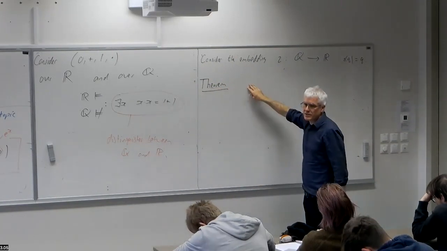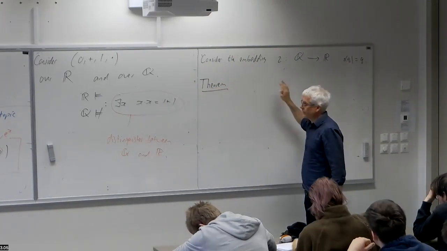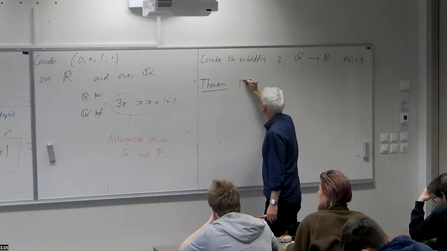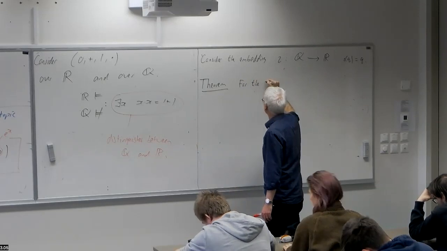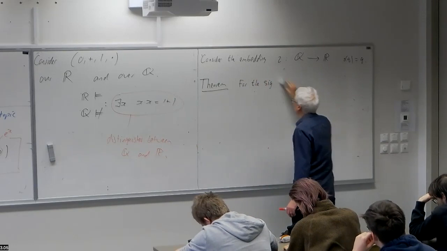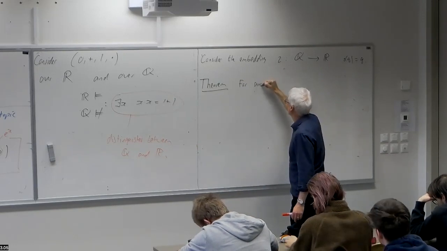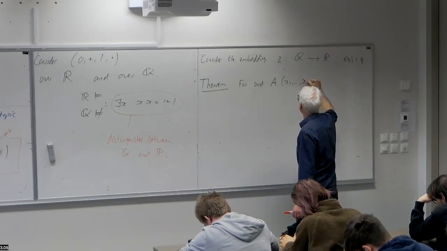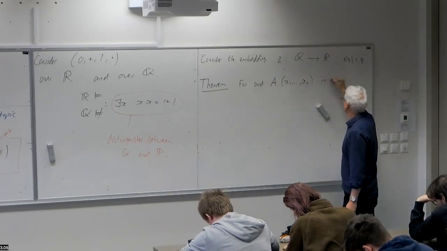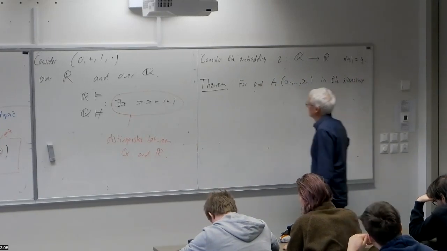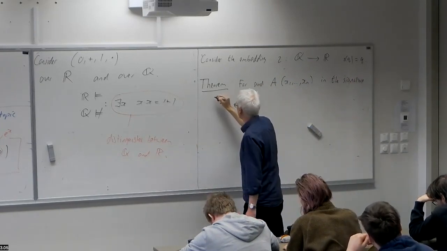But the theorem is going to say this: for any formula A, let's write its free variables x1 through to xn, in the signature of rational linear expressions.